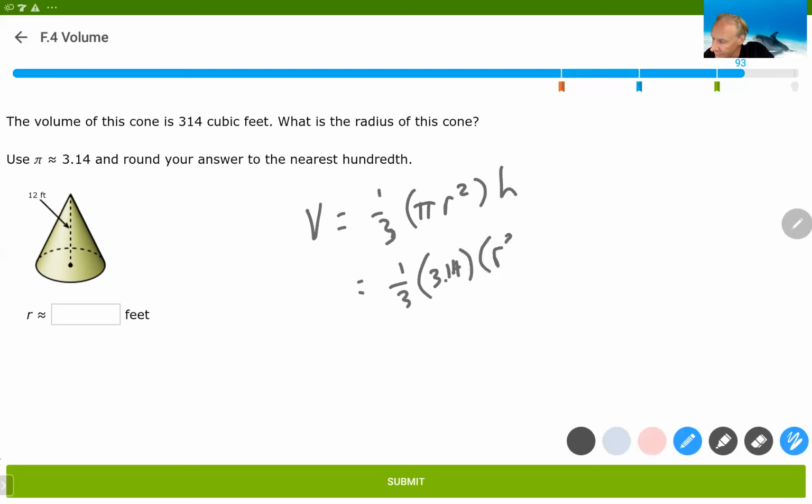The radius squared, we don't know. The height is 12. And the volume is 314. So we've got 4 times 3.4, 12.56.